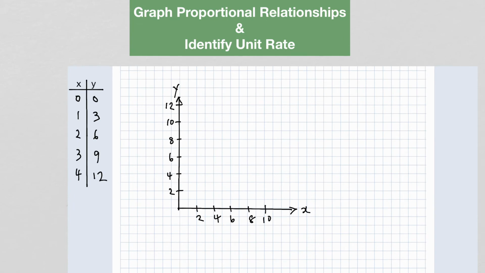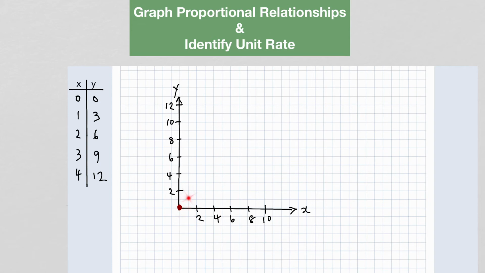Okay, so here we have a set of points. It is assumed to be proportional. So let's go ahead and graph the x and y's. So the first one is 0, 0. Pretty easy. So that's going to be right here. The next point is 1, 3. So we're going to graph that. We're going to go 1 on the x-axis and then up to 3 on the y.